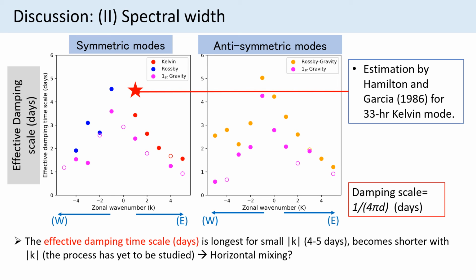In addition to them, we find that the damping scale is dependent on the zonal wave number, and it is longest for small wave number, but becomes shorter with increasing zonal wave number. And one possibility may be the horizontal mixing, but we have to do more work to elucidate the actual processes, and this is future work.